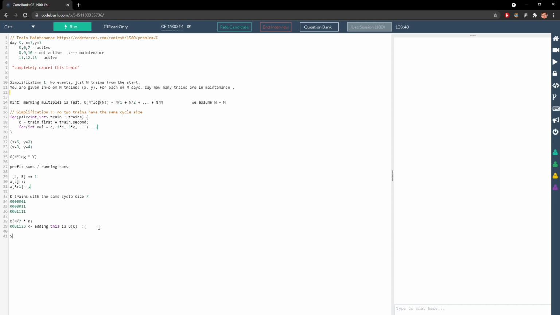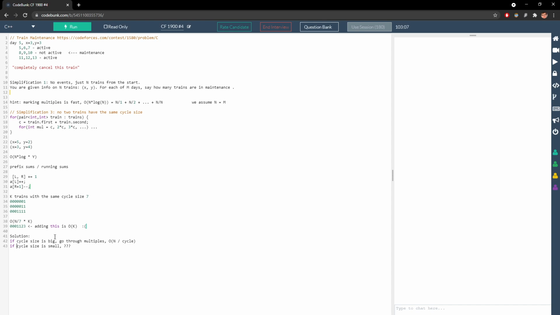Because the final solution will be: if train cycle size is big, and big will likely mean greater than square root of n, just go through multiples, and the time complexity is O of the number of multiples. That's O of n divided by cycle size. But if cycle size is big, then this is small. If train cycle size is small, then what?